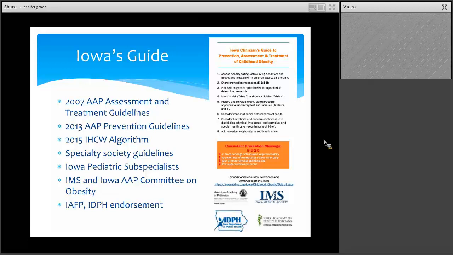And we really brought together all of the most recent recommendations from the 2007 AAP Assessment and Treatment Guidelines, as well as the 2013 Prevention Guidelines.